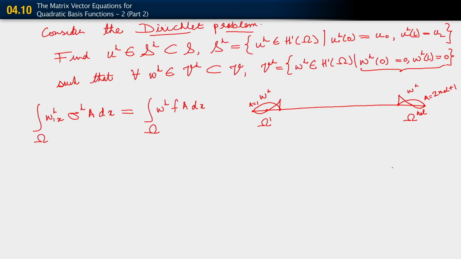When we work things through, here's what we will get. The matrix-vector weak form for this problem, global.